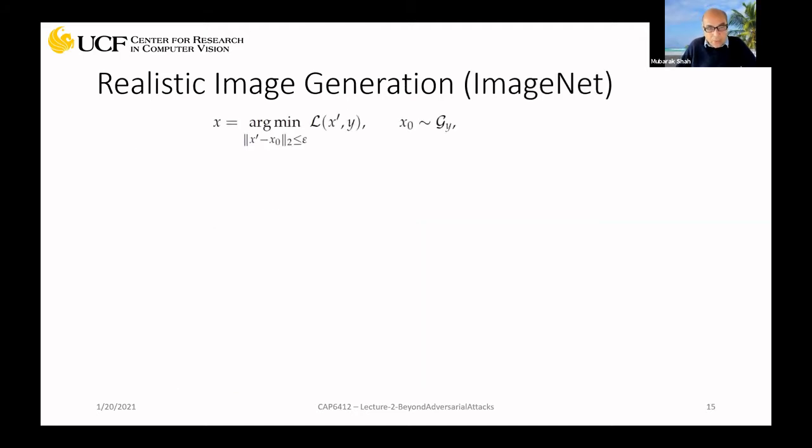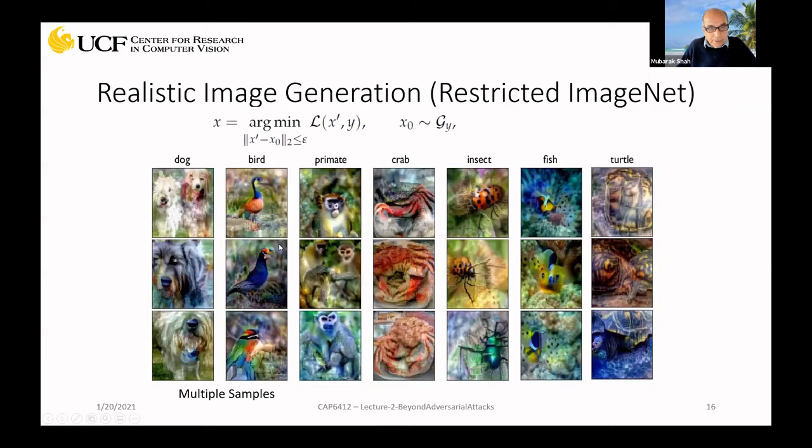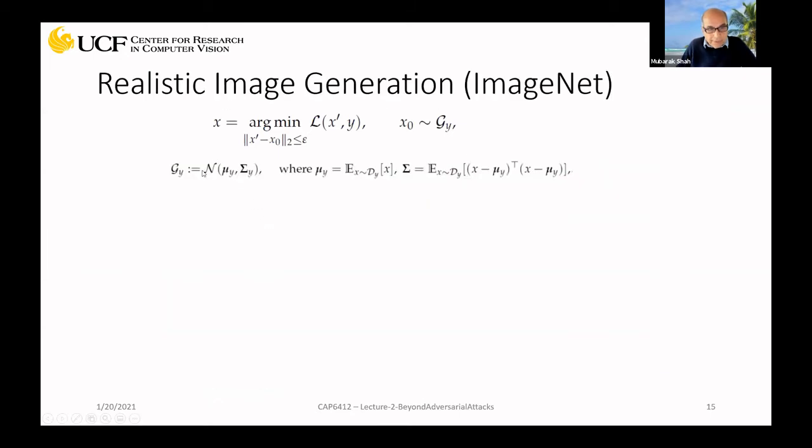In the previous example we started with the image on the left, but we can also look at a distribution for an image and just sample from it. That will be your X0. We will say we have a Gaussian distribution for that class Y, with a mean vector and a covariance matrix.